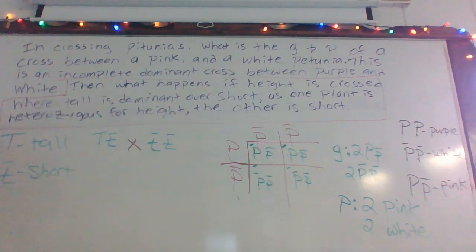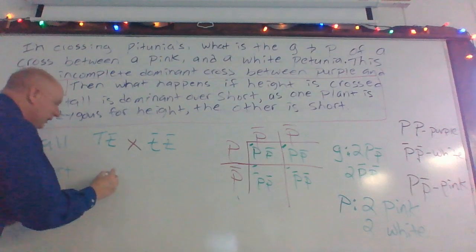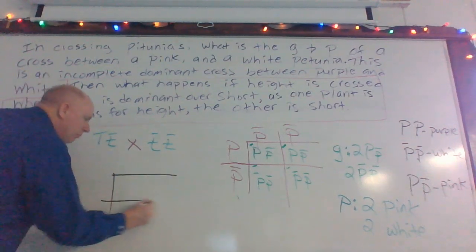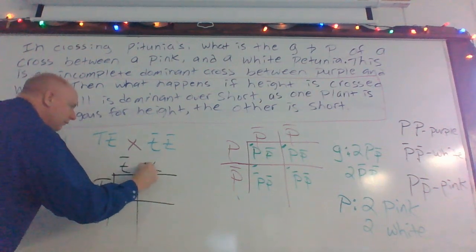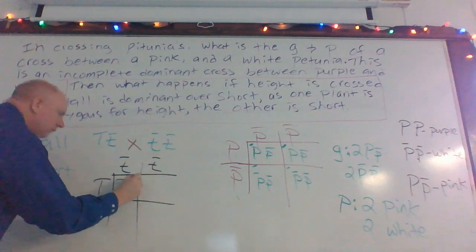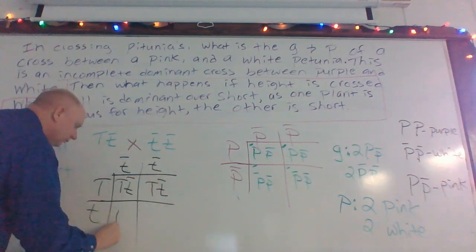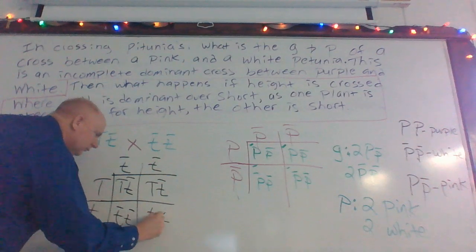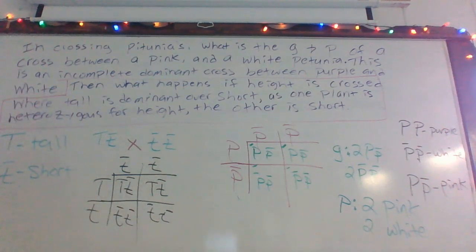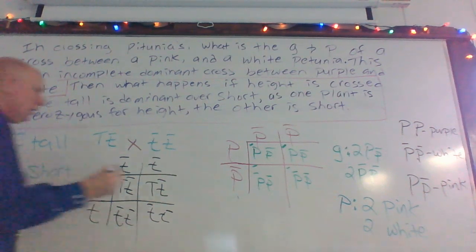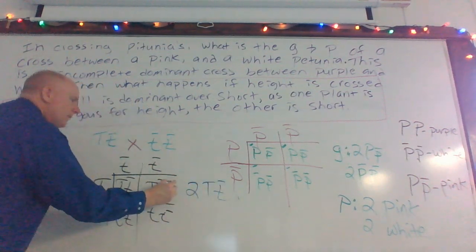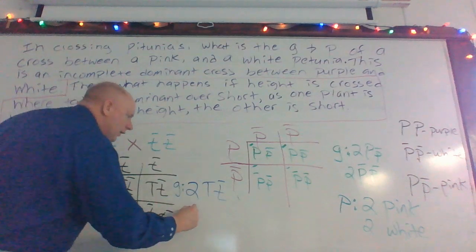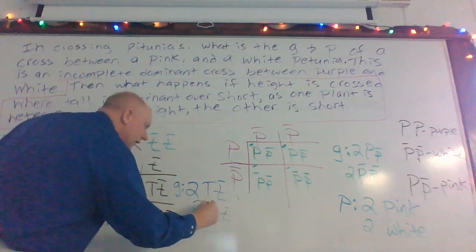So then, when we do this cross, again, a monohybrid cross, okay. So, the genotype for this, we've got two like that. Here's our genotype. And then we've also got two lowercase.